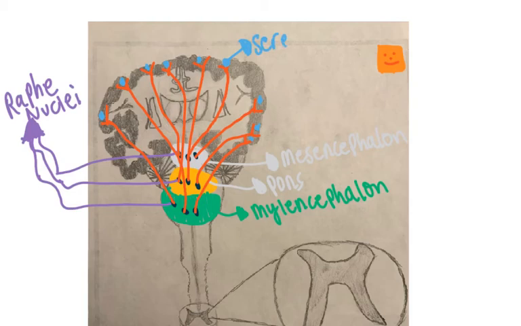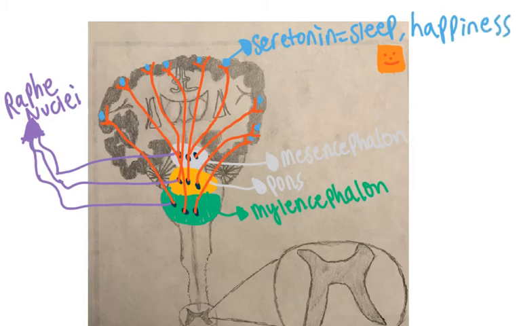All right, so all of these are serotonin neurotransmitters. Serotonin is a very vital neurotransmitter involved in sleep, happiness, and it's actually been seen that serotonin is involved in depression. So the amount of serotonin produced is important. And oh man, I just noticed that I spelled it wrong.